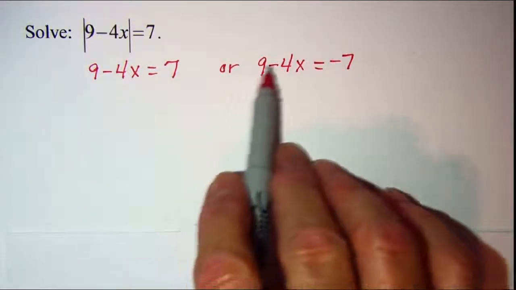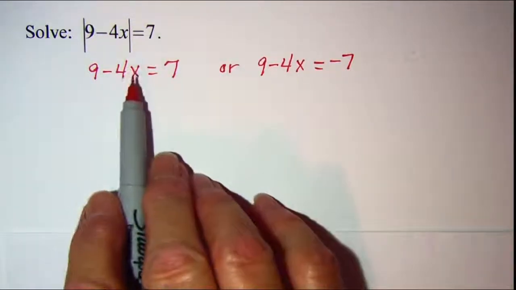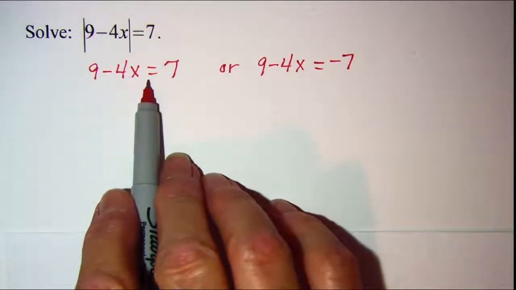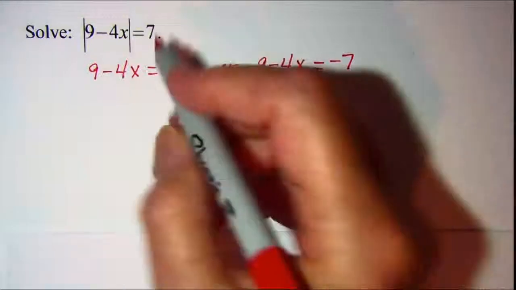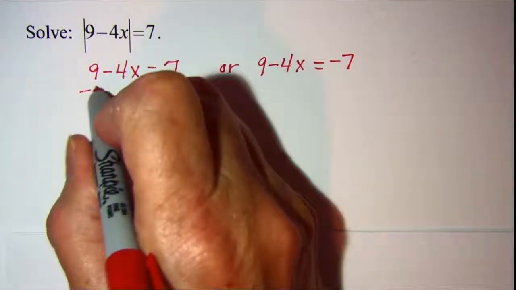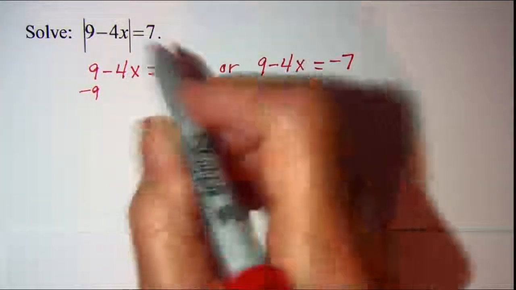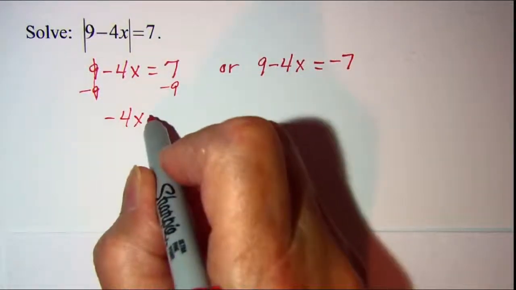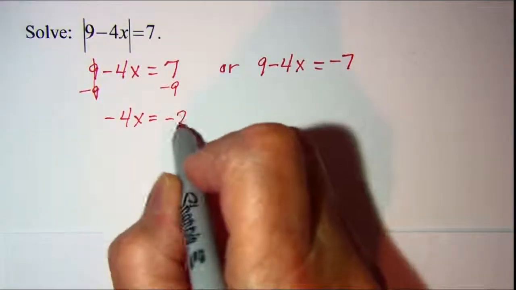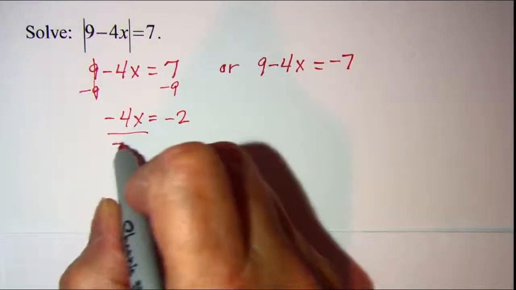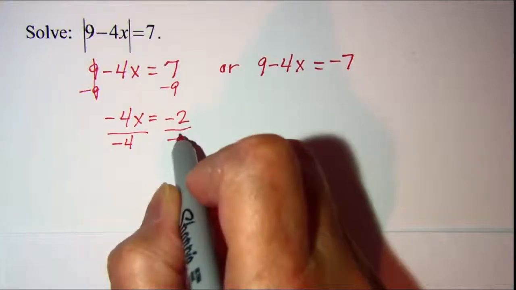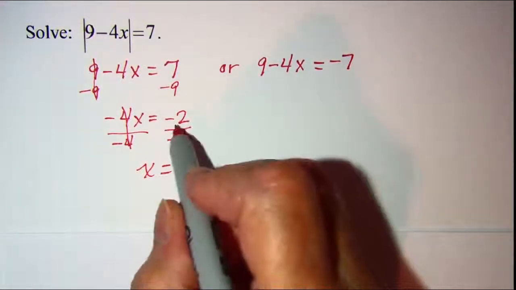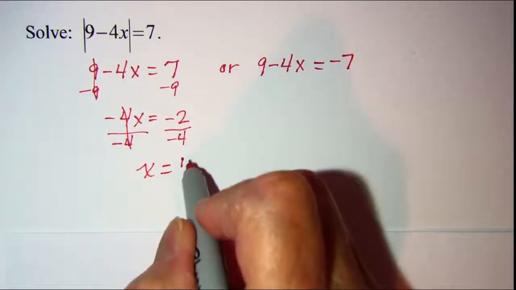Now, once you have your absolute value bars gone, then you can just solve this like you would any linear equation. We are going to subtract 9 from both sides. This will cancel, and I have negative 4x is equal to negative 2, and then divide both sides by negative 4. These will cancel, and x is equal to positive 1/2.